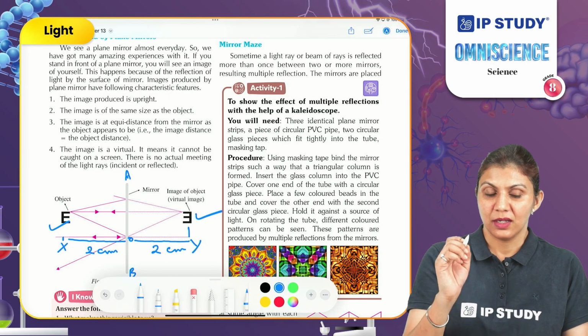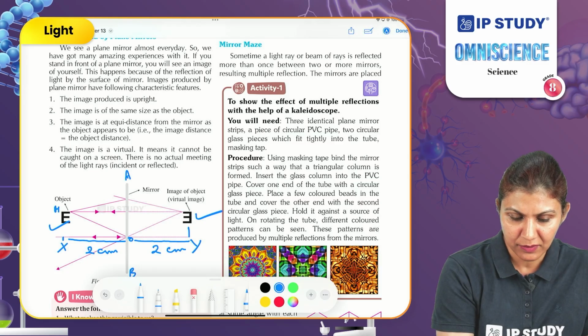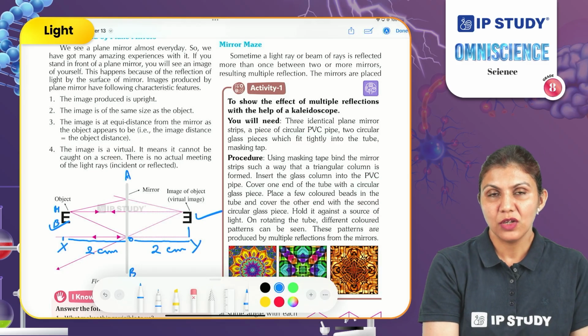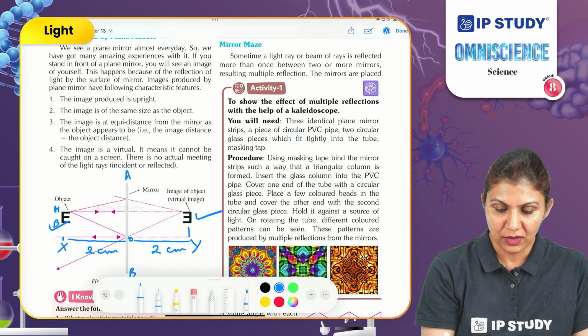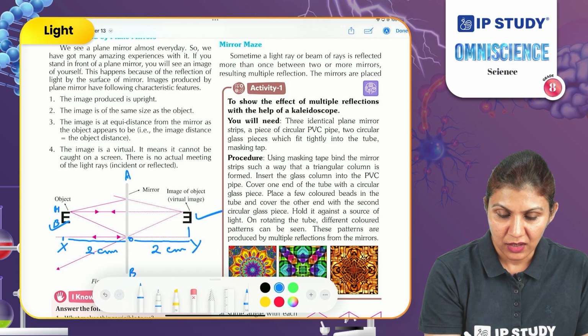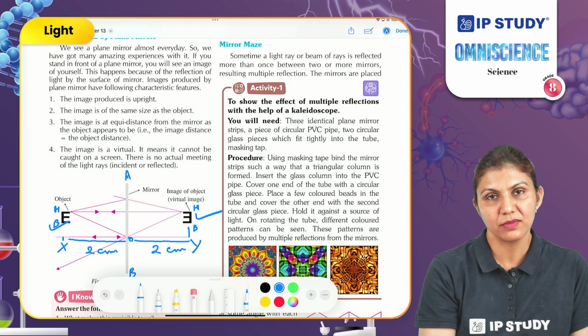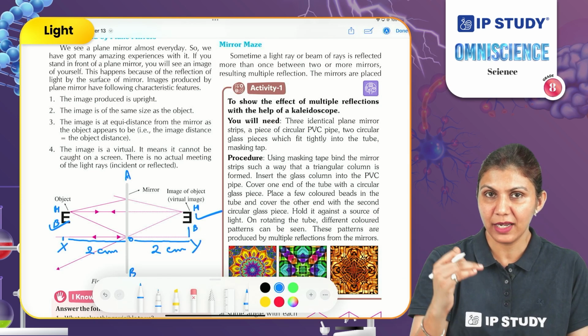That means if we mark the head of this alphabet as H and the bottom as B, and you observe the image, you will see H at the top and B at the bottom.